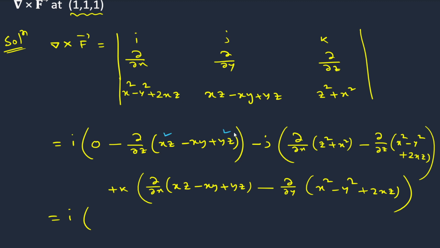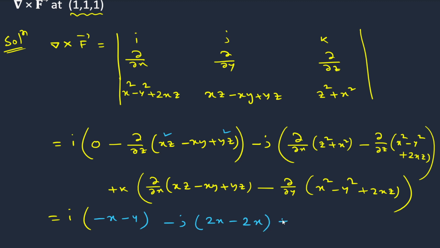In this term and this term. So if we differentiate it, how much will you get? It's minus minus, if we differentiate this with respect to z, we'll get minus x and then minus y. Minus j cap into, if we differentiate this, you will get twice x, and the other terms will become 0, so we will get minus 2x.